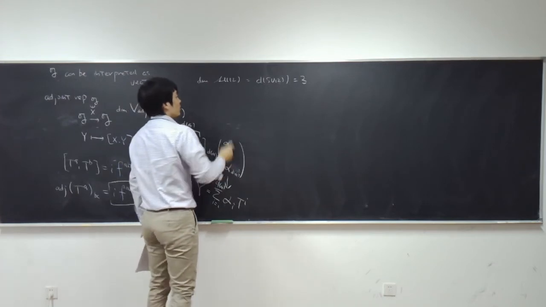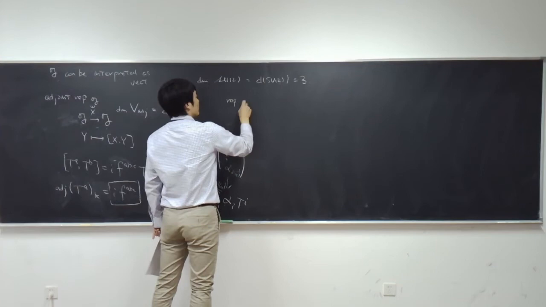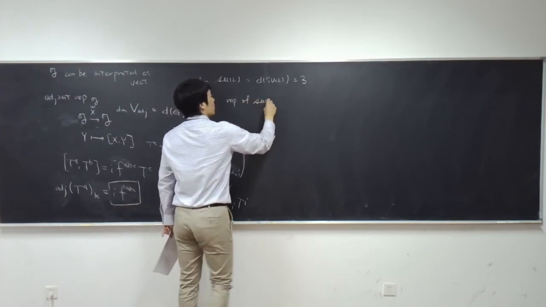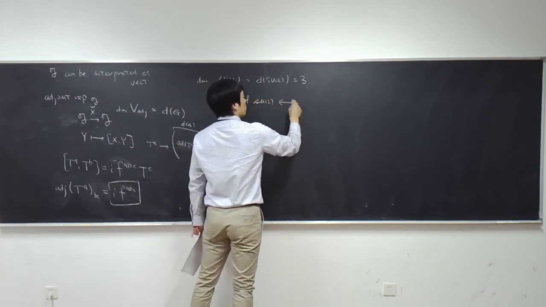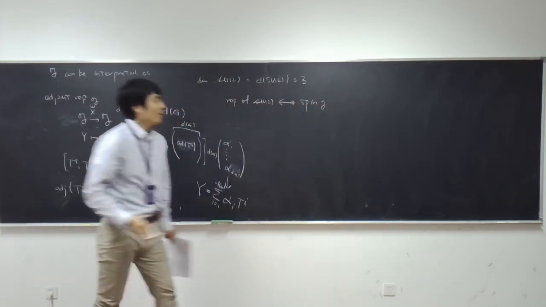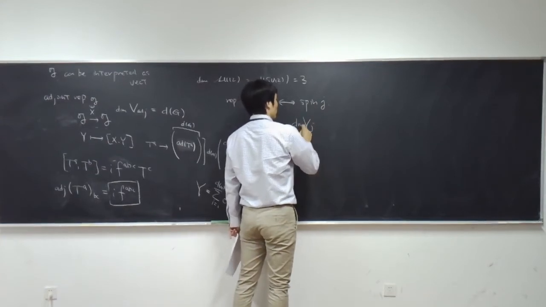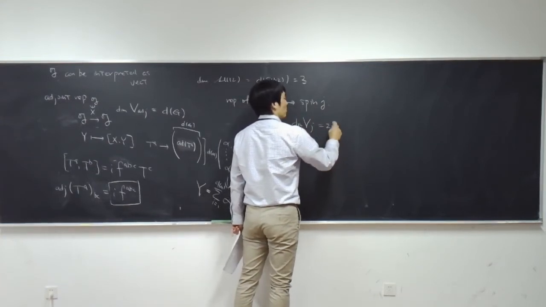Representations of SU(2) are in one-to-one correspondence with spin j representations, and we know that the dimension of spin j is 2j plus 1.